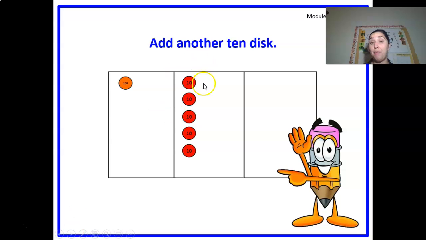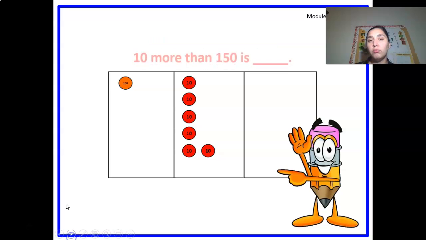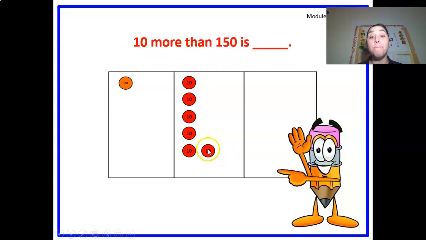Remember, I'm at 150. So 10 more than 150 is, I can see it. Yes, boys and girls, is 160.